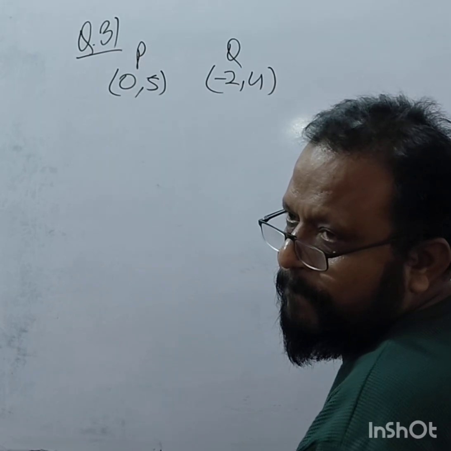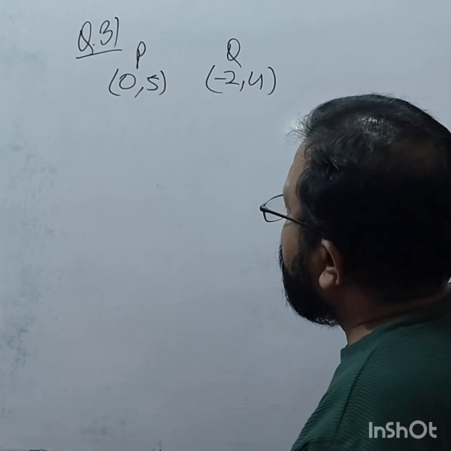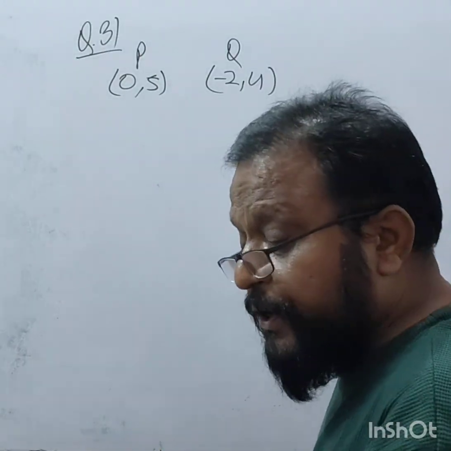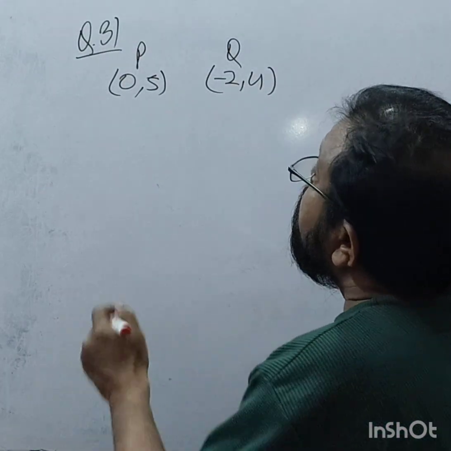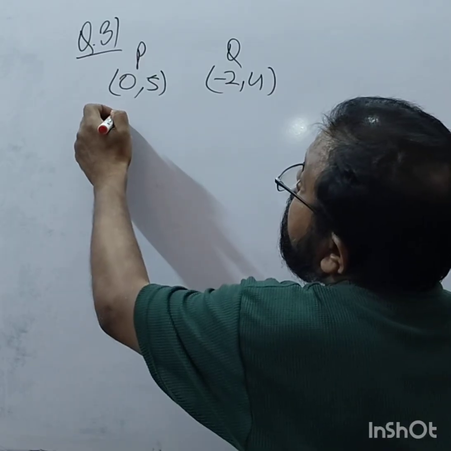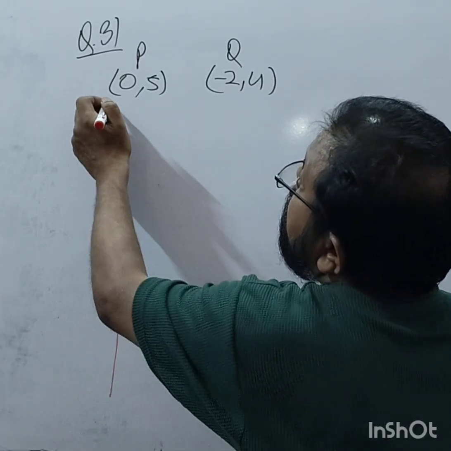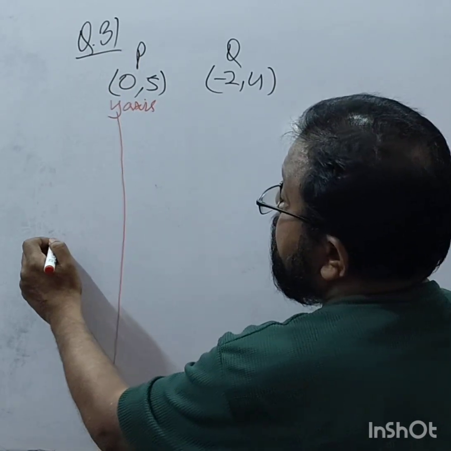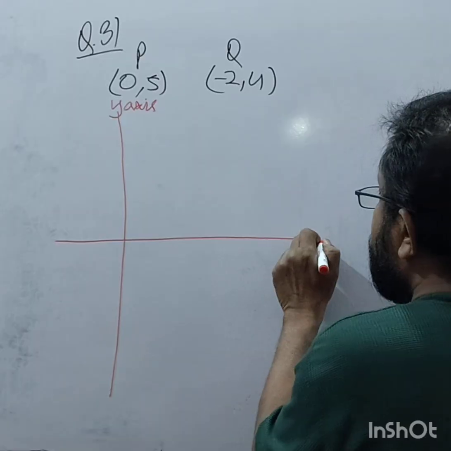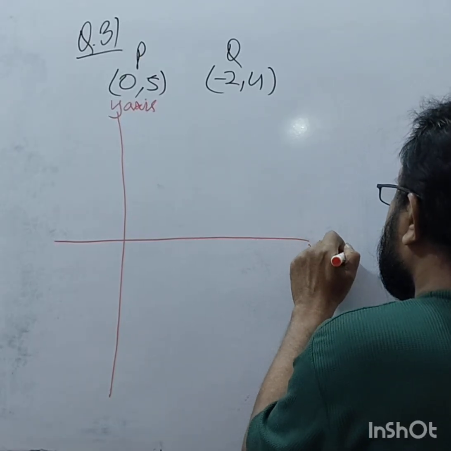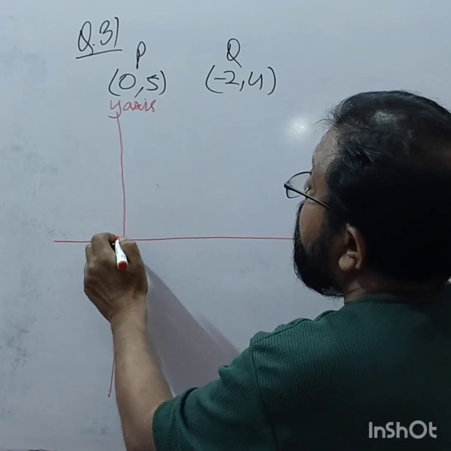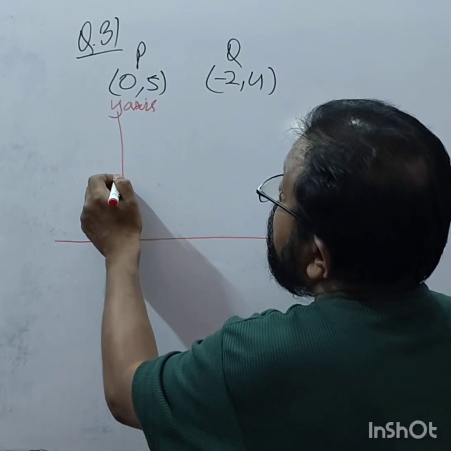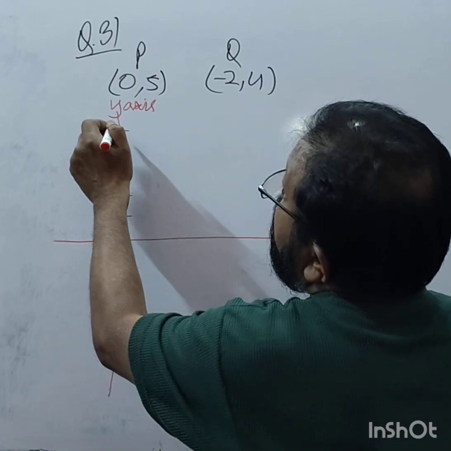P is invariant when reflected in an axis, name the axis. Okay, the point is 0, 5. So if we draw the coordinate axes like this, this is the y-axis and this is the x-axis. It is 0, 5: 1, 2, 3, 4, 5.